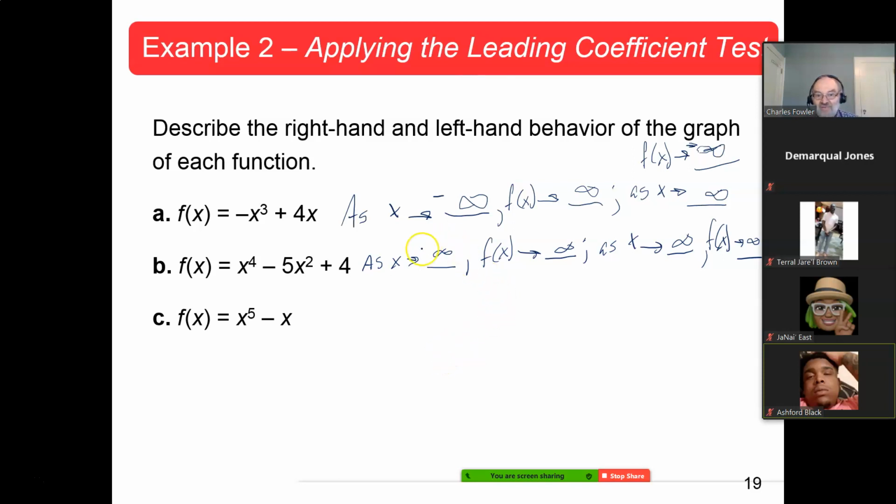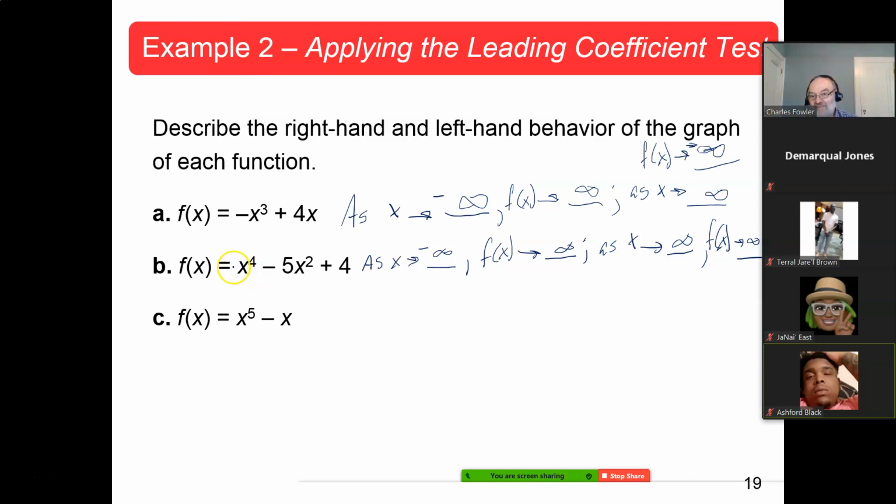One of these x's is going to go to negative infinity. The other goes to positive infinity. You got those done. Now the question is, what does the function do? Well, that's an even power with a positive coefficient. No matter what x is, positive or negative, when you raise it to an even power, it goes positive.